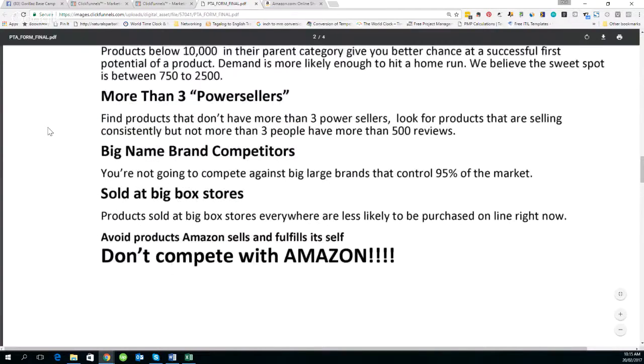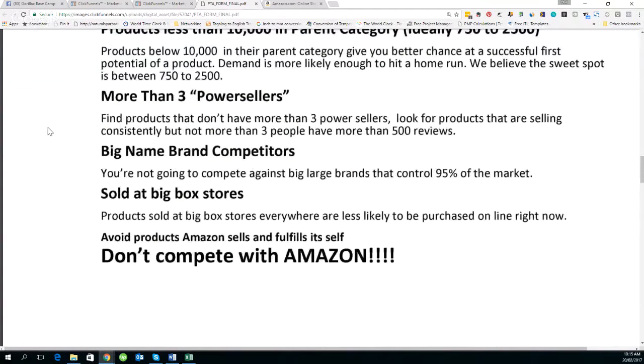More than 3 power sellers. If you've got a product that you're trying to investigate, and you come across a product where you've got 3 or 4 or 5 or 6 sellers dominating the top space on the first page when you do the analysis, that means they have been in the market for some time, and they are dominating that area.